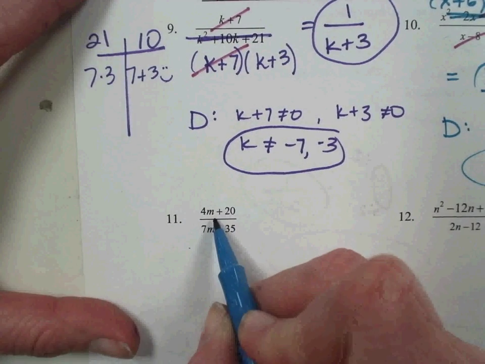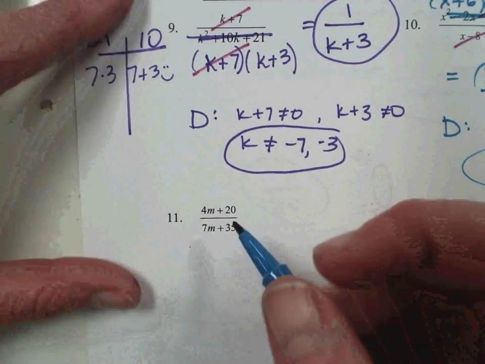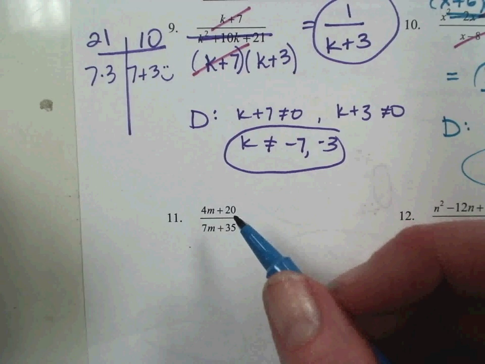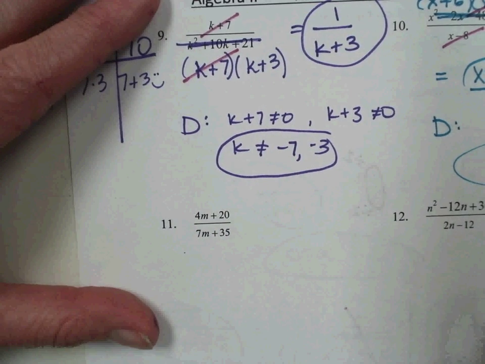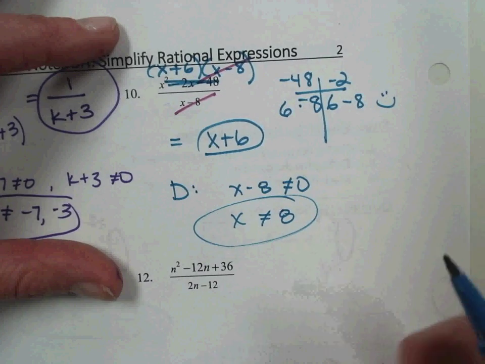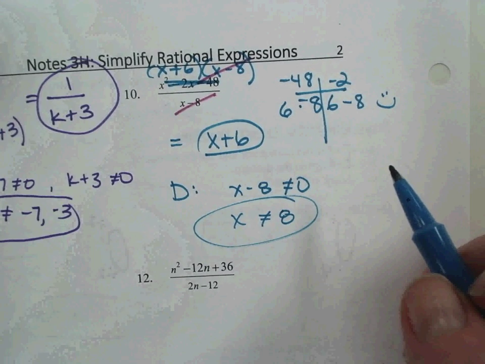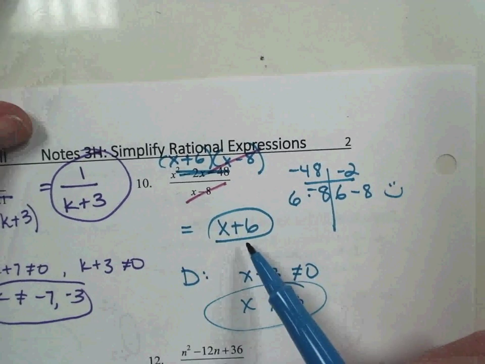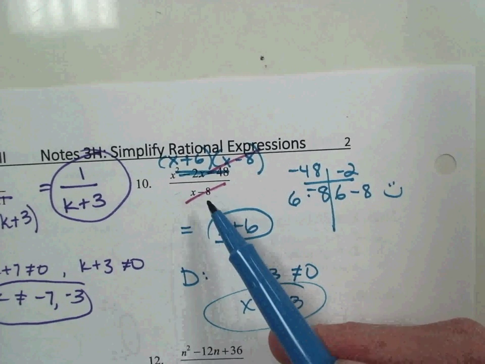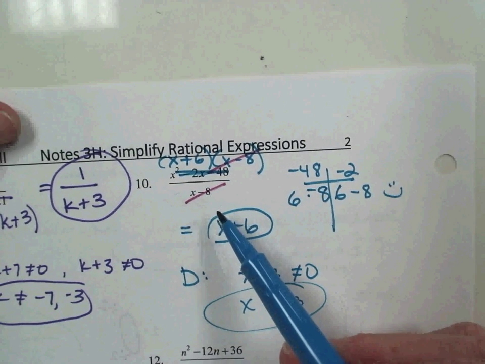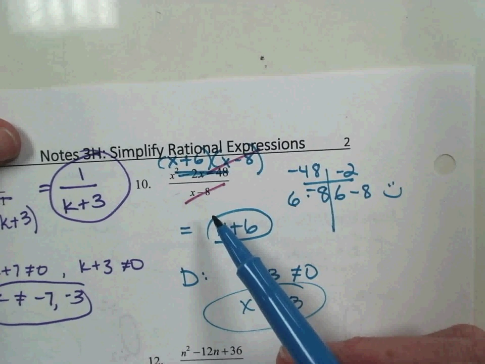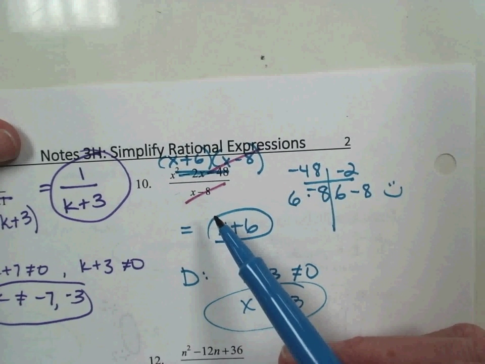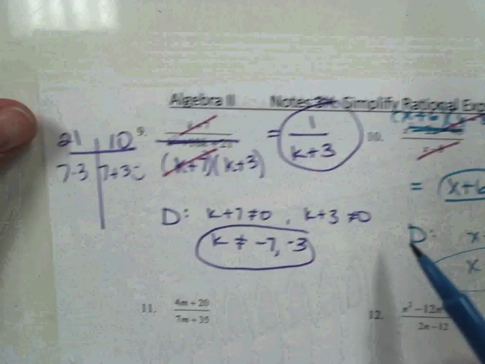Next one. The numerator is 4m plus 20. What's the common factor? 4. Good question. Here, the denominator is the only place we're looking. Because our denominator this time is just a monomial, we just set it not equal to 0.